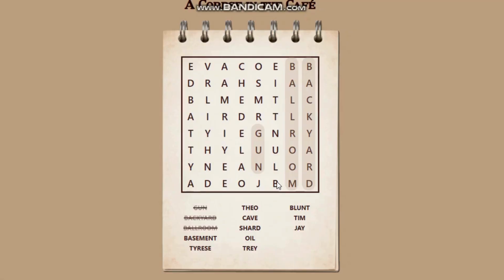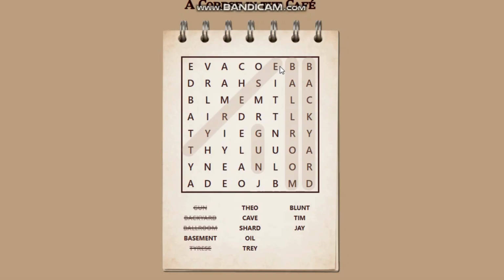Nothing that spells basement at the time, and neither does this. So we're going to have to come back to this. Then we got Tyrese. We got a T and we got a Y, but it won't allow us to spell Tyrese because there's no... Actually, you know what? Found it there.